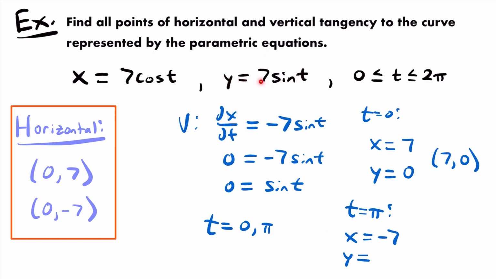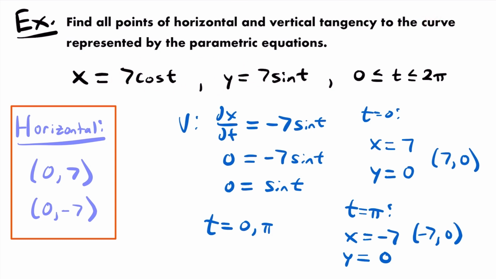So we'll have y is equal to 7 times sine of pi, but sine of pi is 0. So we have 0 times 7, which is 0, which gives us that y is equal to 0. So our other coordinate point where we have a vertical tangent line is negative 7, 0. So at 7, 0 and negative 7, 0, there are vertical tangent lines for this curve represented by these parametric equations.